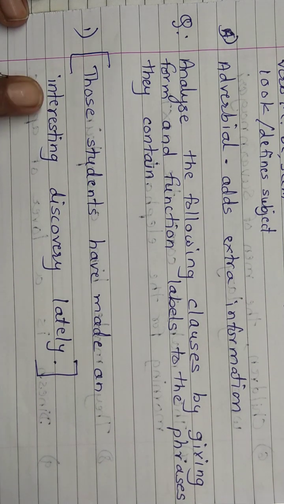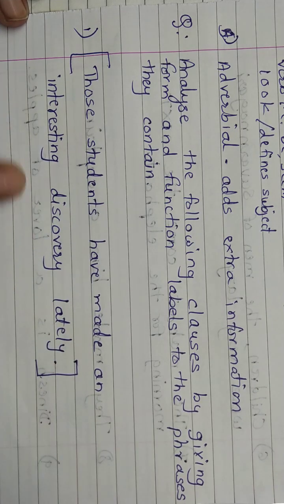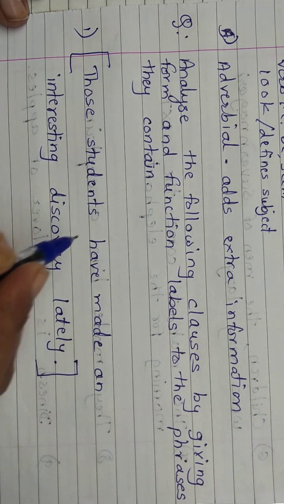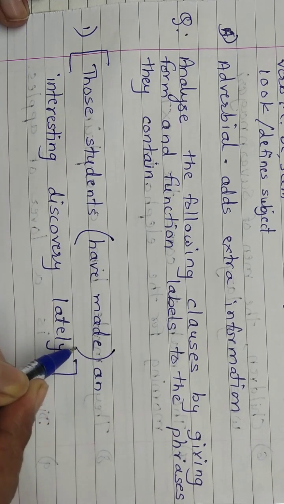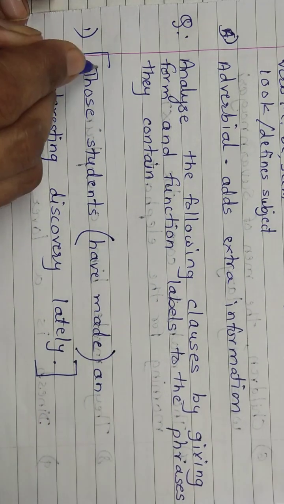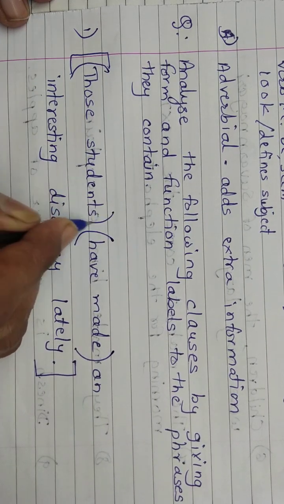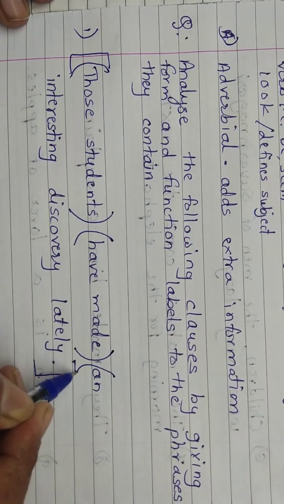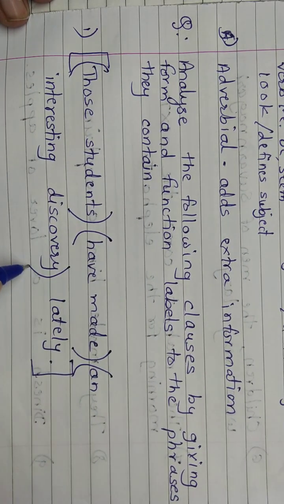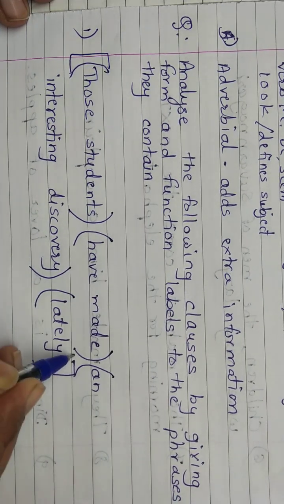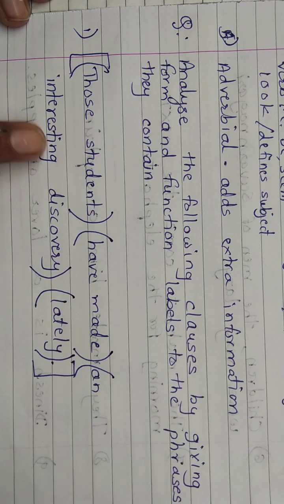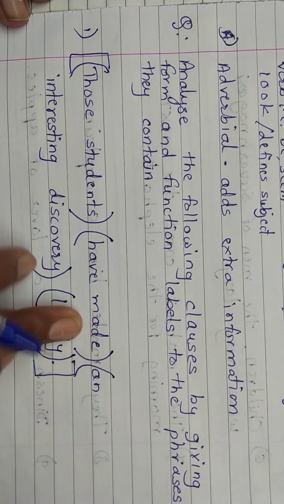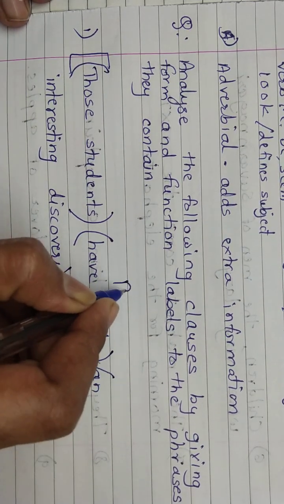We have to search for the verb phrase first. Those students, an interesting discovery lately. Have made is a verb phrase. It's a predicator.